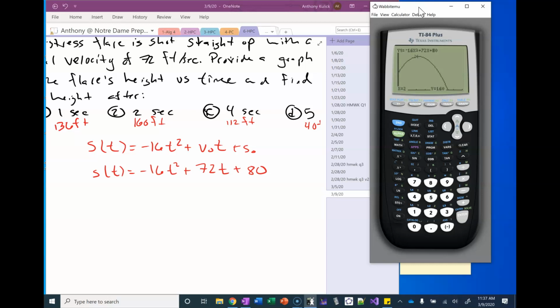I need an x coordinate, a y coordinate, and then a time, right? So I can't do that in function mode. I can do that, though, in parametric. So I'm going to go ahead and go back to my menu and change my calculator to parametric mode.